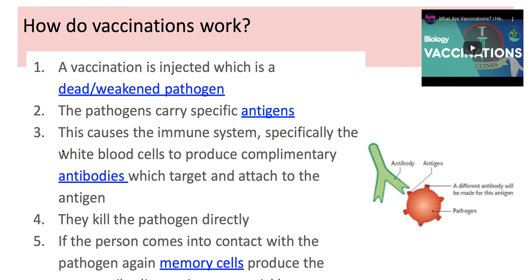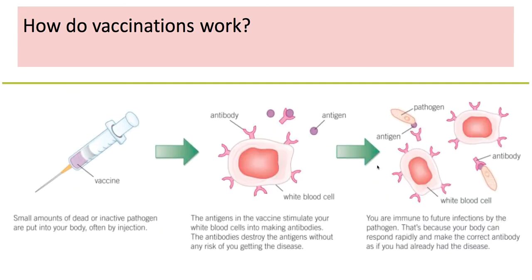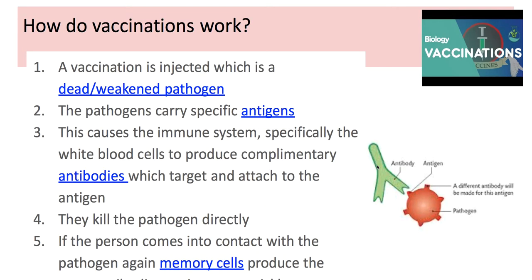Moving on then to how vaccinations work. It's important that you know this process, and you might choose to put this diagram into your notes. So pathogens are disease-causing organisms: virus, bacteria, fungus, protist.